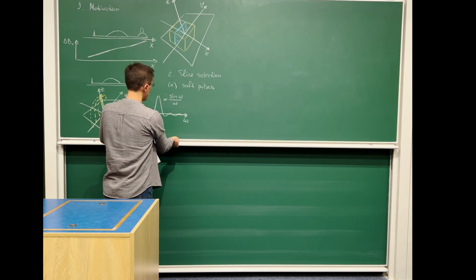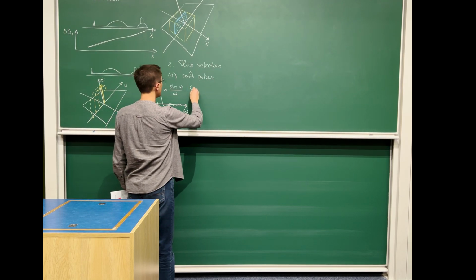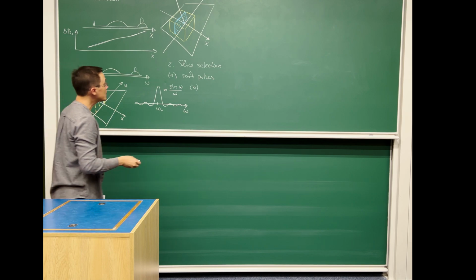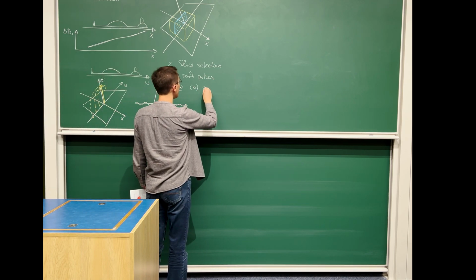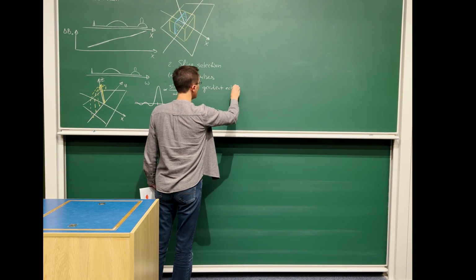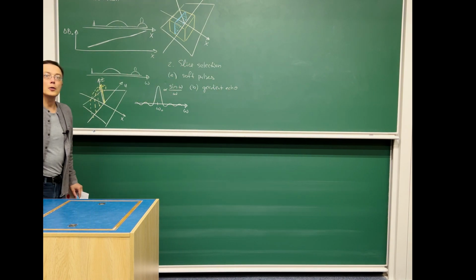Okay, so item 2 on the agenda, or rather B, under the slice selection, is the concept of a gradient echo. Remember the spin echo.